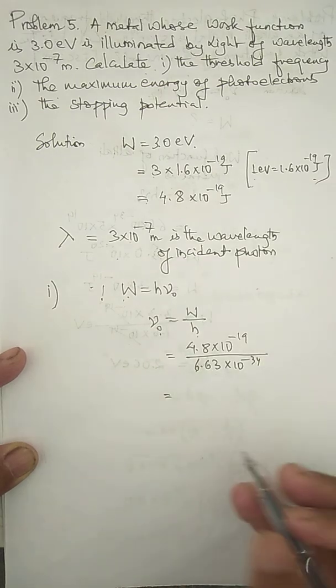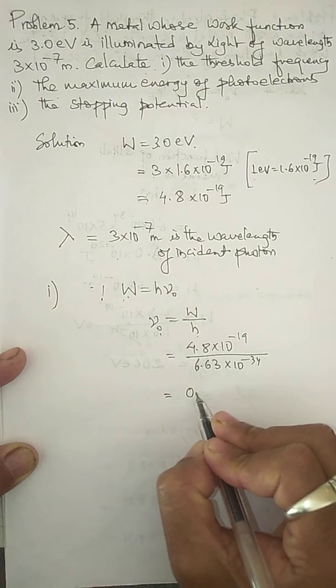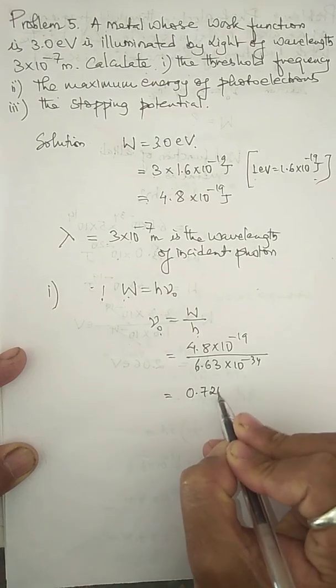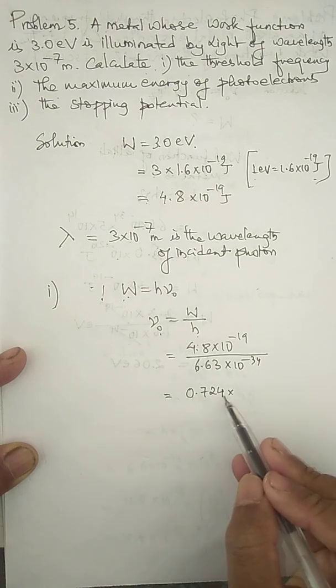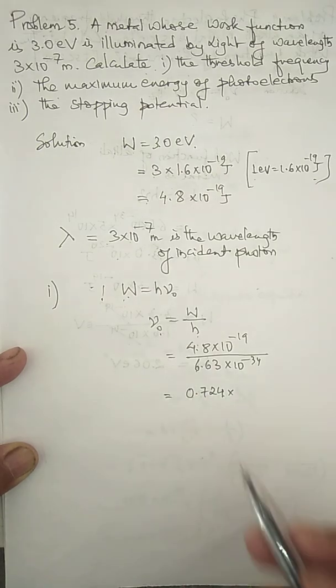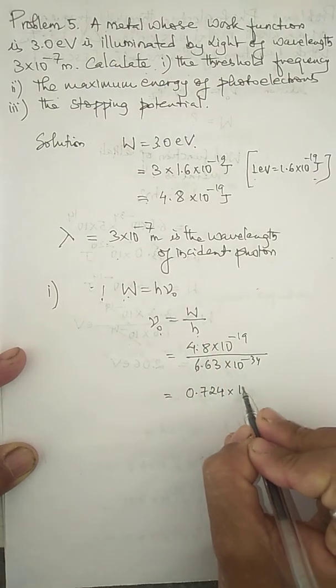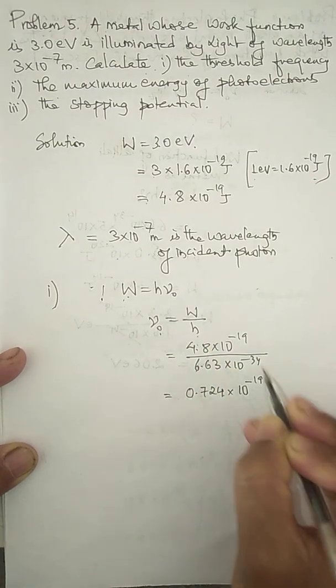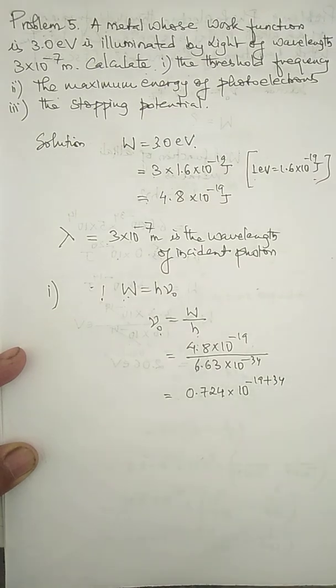We can use the calculator. If you divide with the help of the calculator, you get approximately 0.724. Now this 10 to the minus 34 I'll take in the numerator. This 10 to the minus 19 is already in the numerator, so it becomes plus 34, because the sign of the power will change.